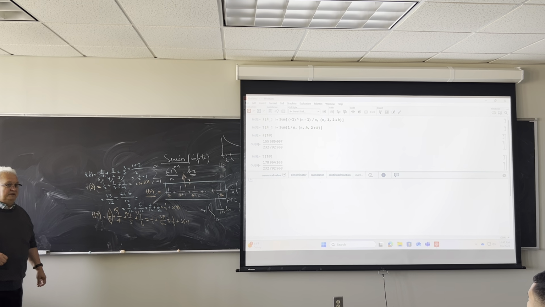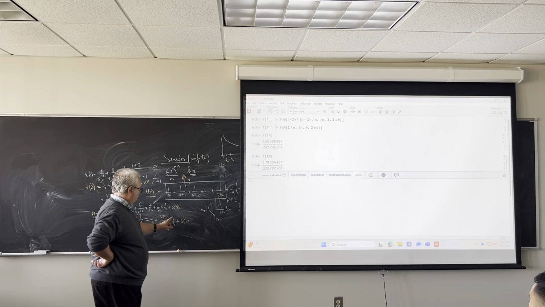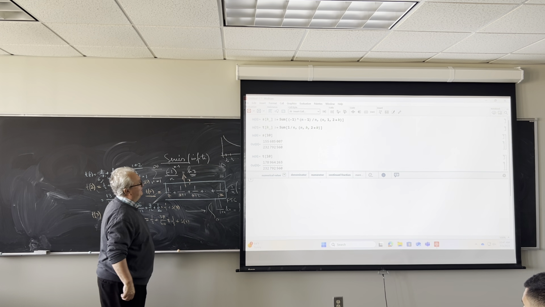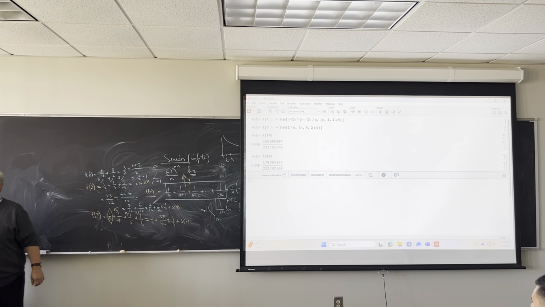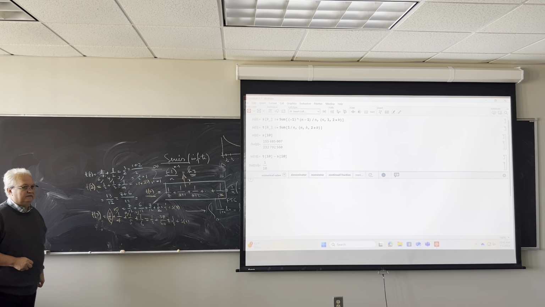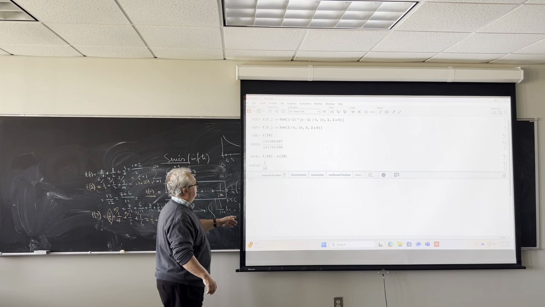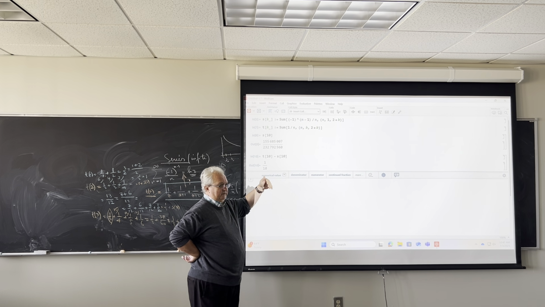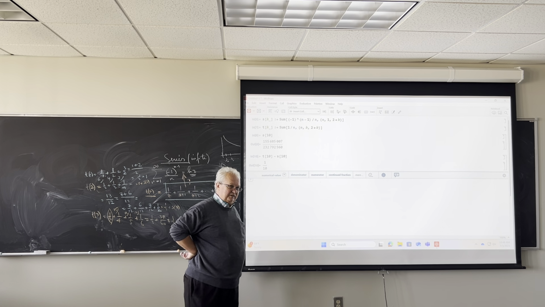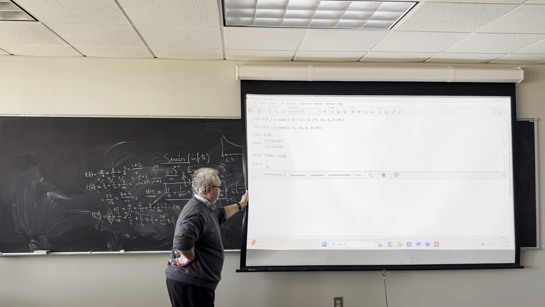Now the difference between them should be 1 over 10, right? So let's do the difference, t minus s of 10. Notice that the difference between them is first 1, then 1/2, 1/3, 1/4, and so on, which is the first term in this sequence.